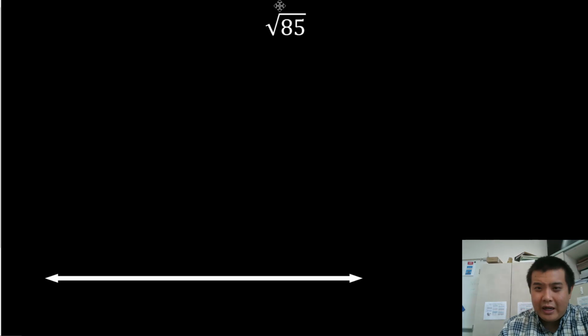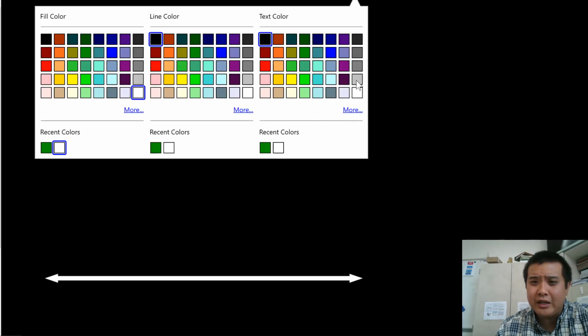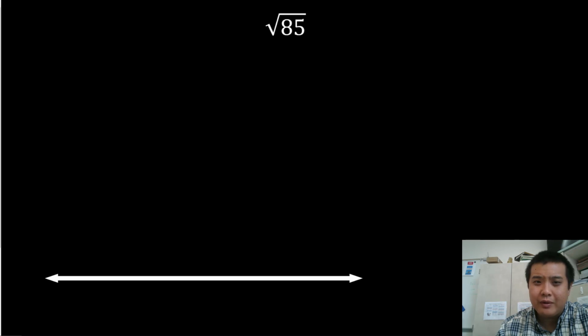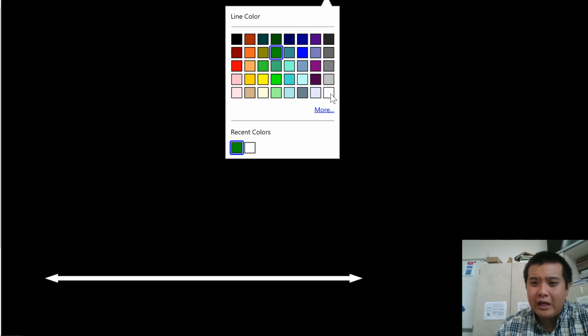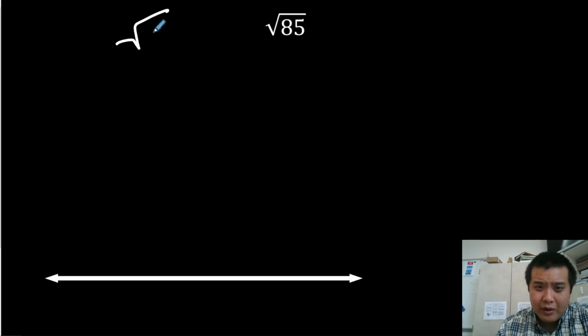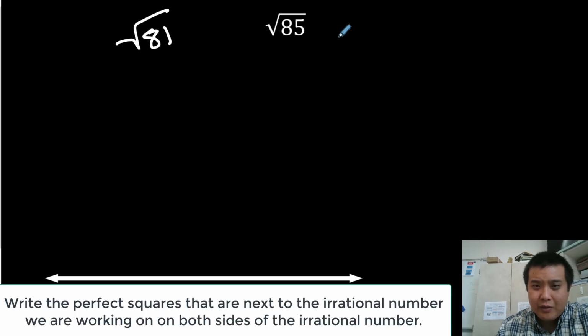Square root of 88. So again, we need to look for the perfect squares that are next to it. The perfect squares next to it are 81, so square root of 81, because 9 times 9 is 81.